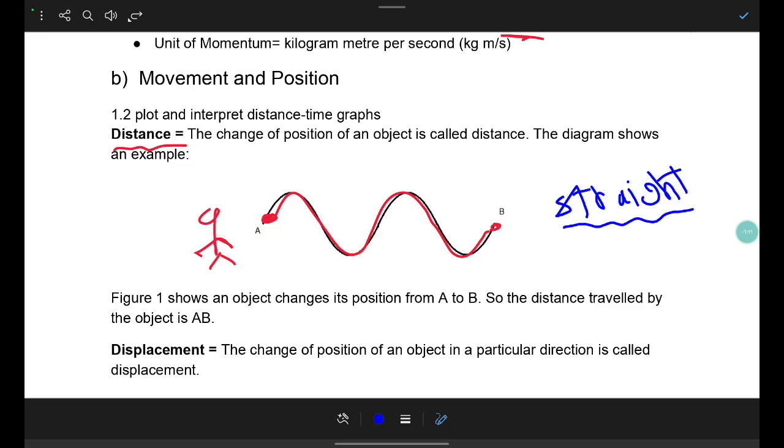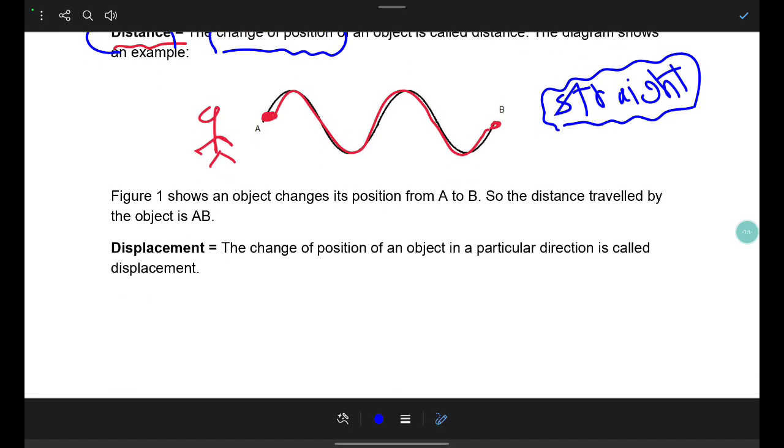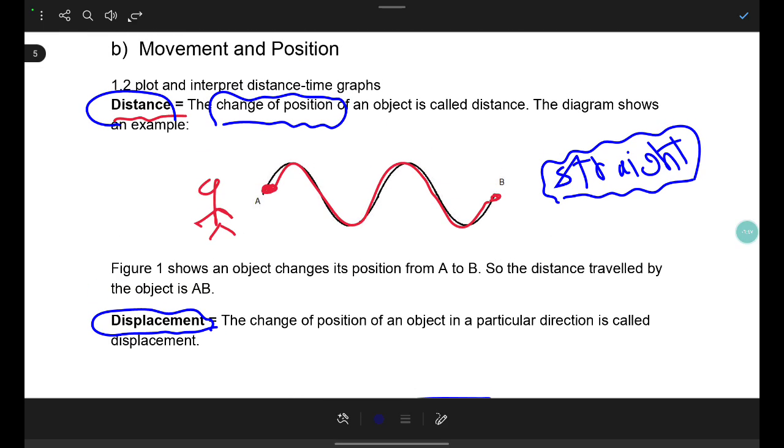Okay, we call the change of position in this case a distance, because it isn't a straight road. If it's a straight road, we call it displacement. So the difference between displacement and distance is that distance isn't a straight road or a straight line.